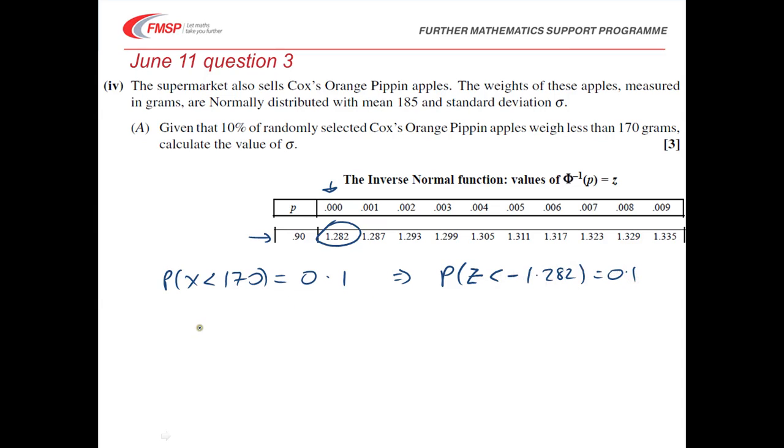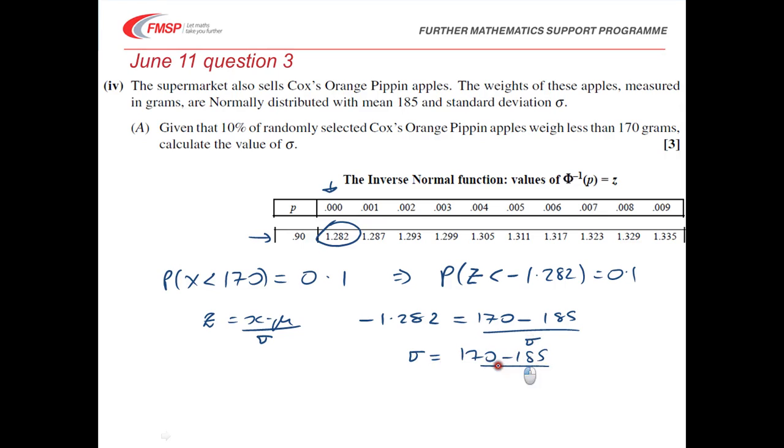Okay, so we now unstandardize. Again, z is equal to x minus mu on sigma. So z, minus 1.282, must equal 170 minus the mean, which is 185 in this question, divided by sigma. So sigma is equal to 170 minus 185, all divided by 1.282.